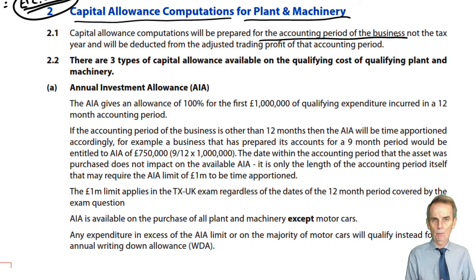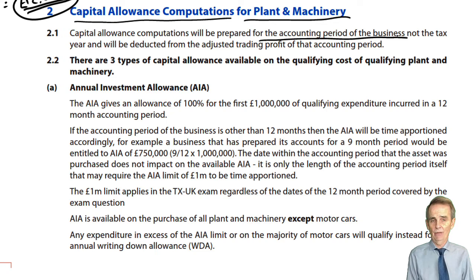We'd have a statement of profit or loss for that 6-month period. We do an adjustment of profit for that 6-month period. We would also compute capital allowances for that 6-month period and deduct those capital allowances from the adjusted accounting profit to make it acceptable for taxation purposes, to derive then the tax-adjusted trading profit.